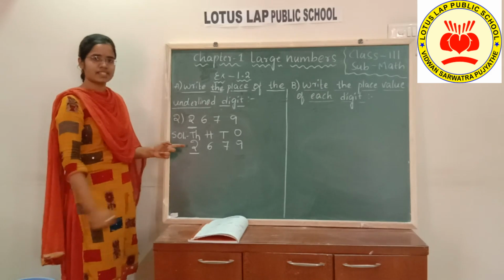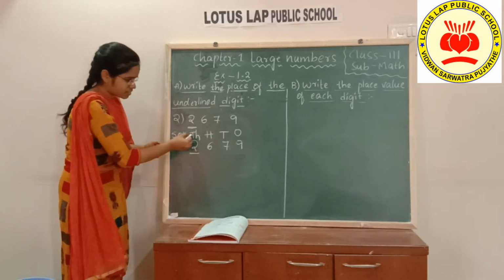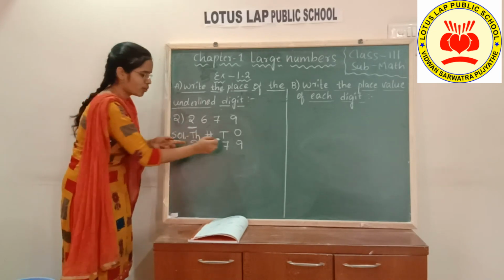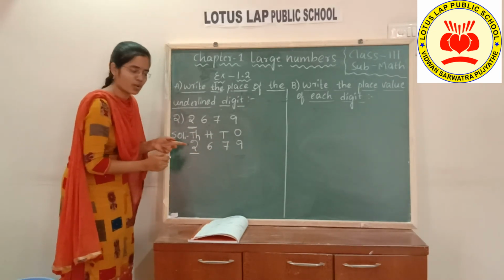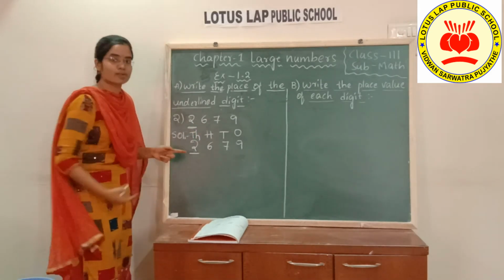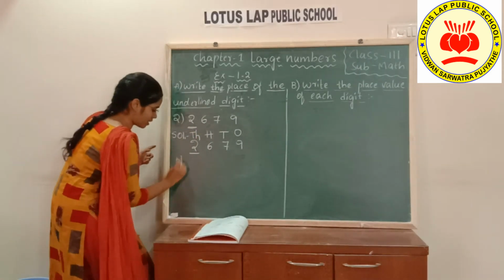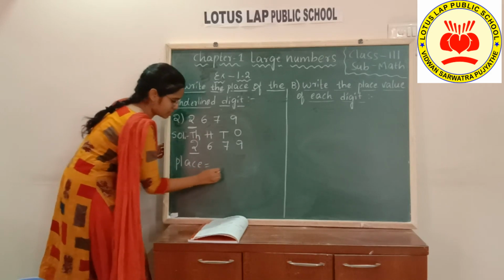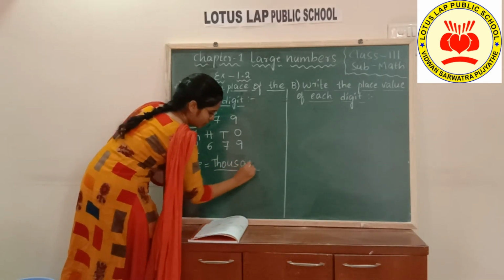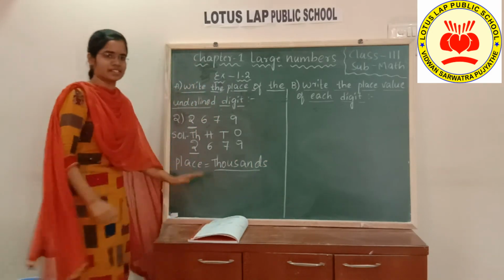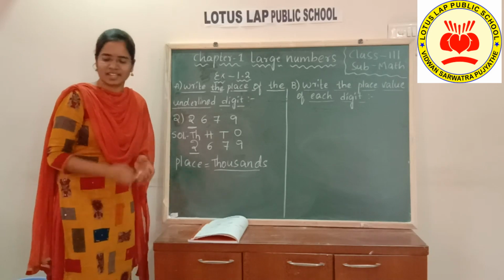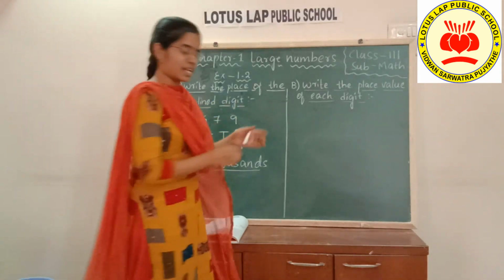What is its place? See, these are all the places. Is it in ones place? No. Is it in tens? No. Hundreds? No. It is in thousands place. So the place of 2 is thousands. Yes. We shall go for the next bit.